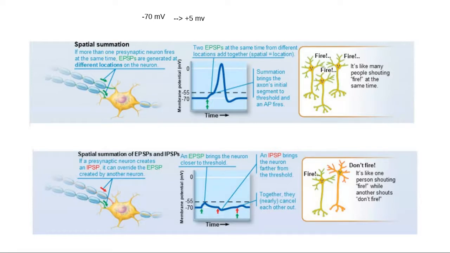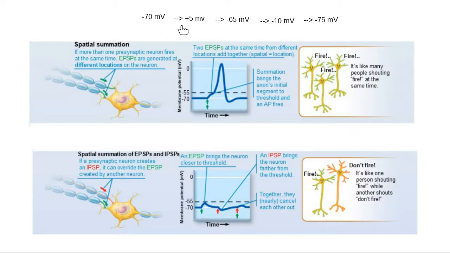So when I got that message, that brought me to negative 65 millivolts. We're just doing math here. So then I get a message, and this is an inhibitory message. This message was negative 10 millivolts. I just generated an IPSP, an inhibitory message. Now I'm down to negative 75 millivolts.